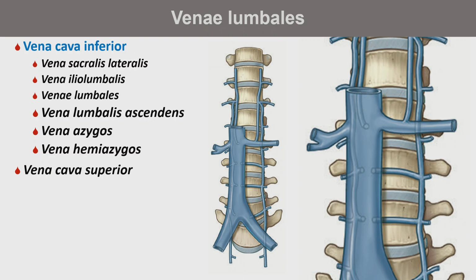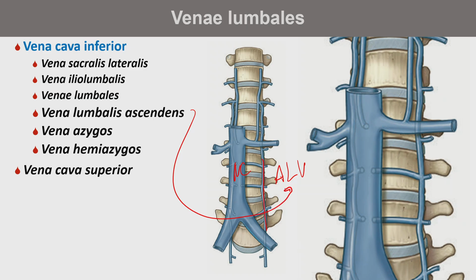But here is a very important web which has horizontal communications, horizontal bridges, and those bridges are bridging the inferior vena cava and this vein, which is called the ascending lumbar vein, or vena lumbalis ascendens.